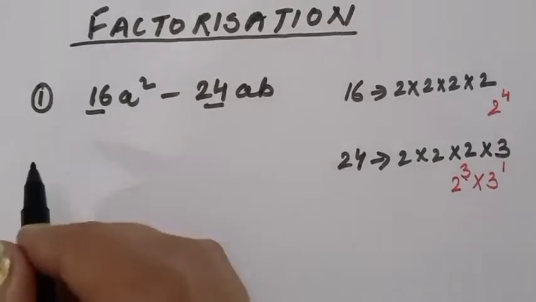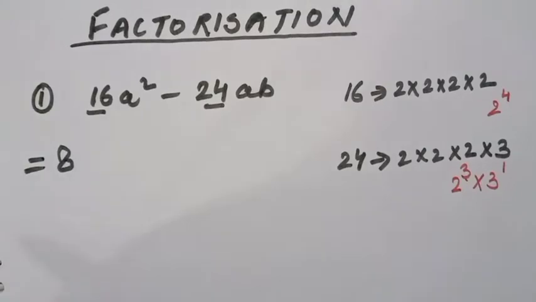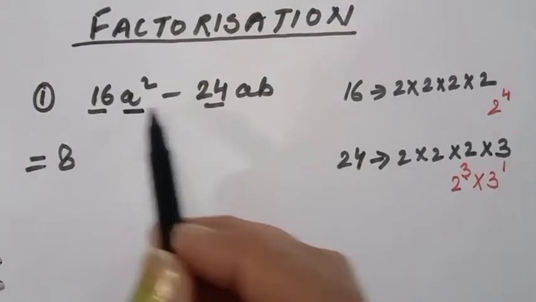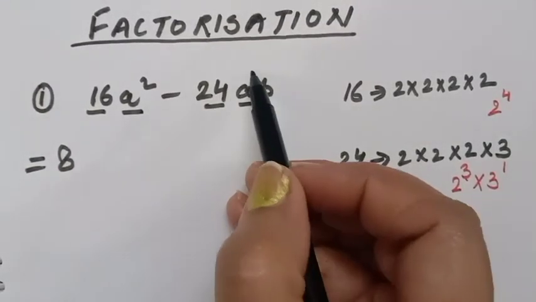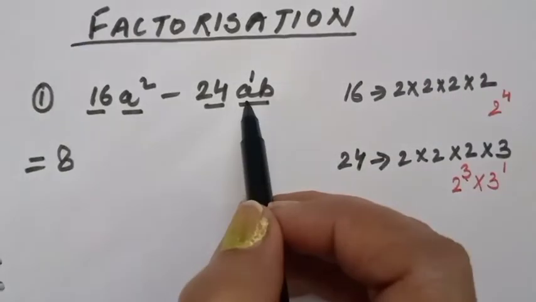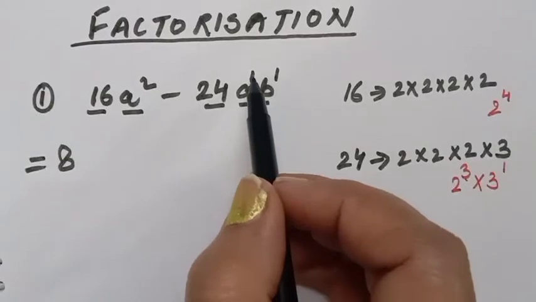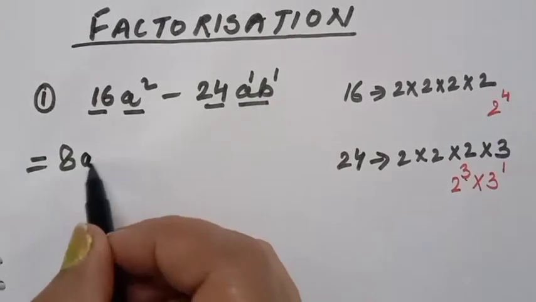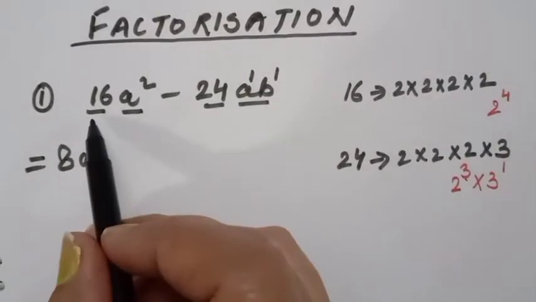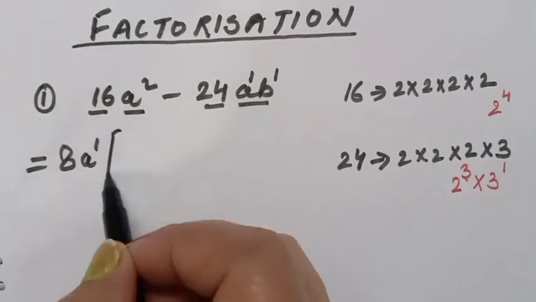So here we'll take 8 common, and now the minimum power, the lowest power of a, because a is there in both the terms. So here you always take the minimum power. That is a raised to the power 1 is the minimum power, and b is not present in both the terms, so b will not come as a common factor.